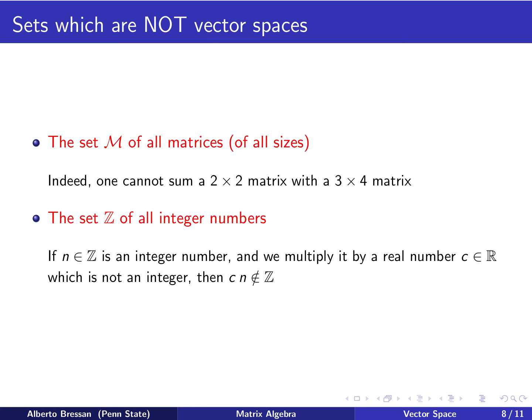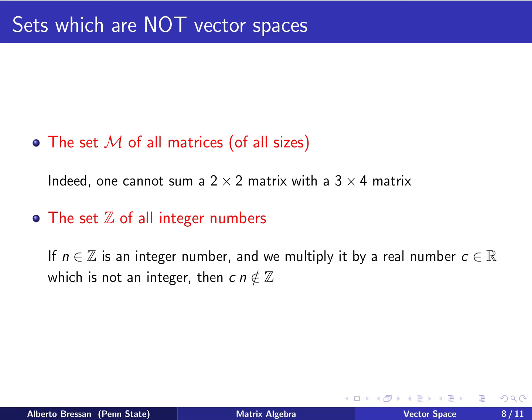Now, how about the set of all integer numbers, Z? Is this a vector space? Well, if you check the sum, if you have 2 different integers and you add them up, you get another integer. But this fails the second condition. The second condition is that if you take any real number c and multiply it by an element in the set, the result should also be in the set.